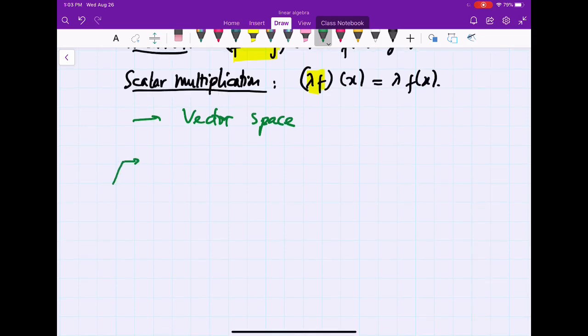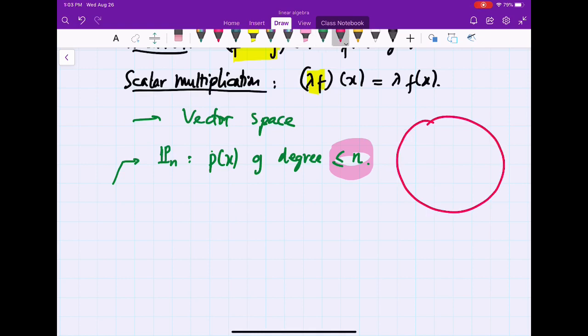The first question: regarding the set Pn with standard addition and scalar multiplication, you say you have all polynomials p(x) of degree less than or equal to n. So what happens if we deny this condition? Let's pick polynomials of degree equal to n. Okay, so let's draw it out, right? Suppose this is the set Pn, all polynomials of degree less than or equal to n.